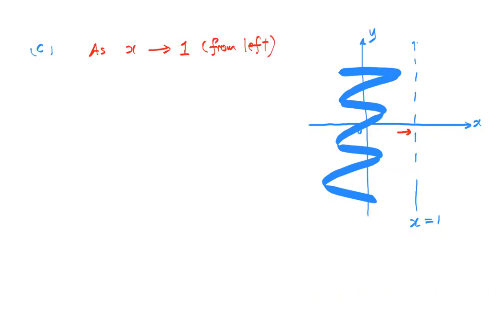My rational function has 2 parts, correct? The first part is 2x minus 1.